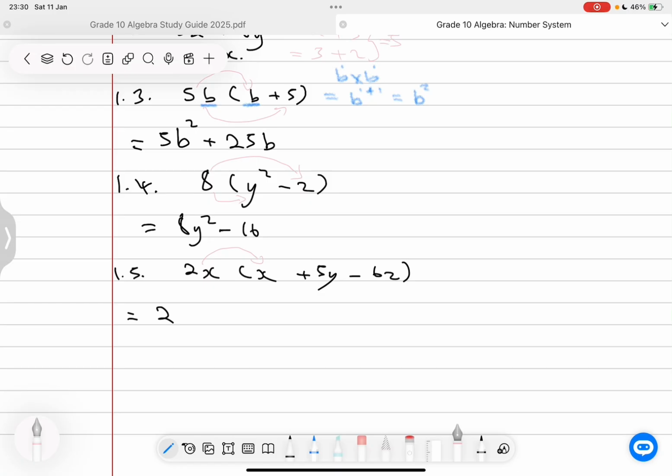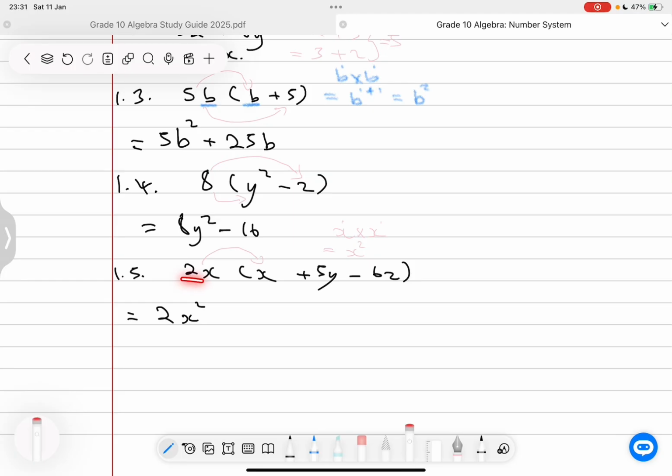So this means I'm going to have here x multiplied by x. This means I'm going to keep the base and add the exponents, and that should give me a 2 there, having x squared, because remember here I have invisible ones. I keep the base and add the exponents. So this means here I'm going to have 2x squared.